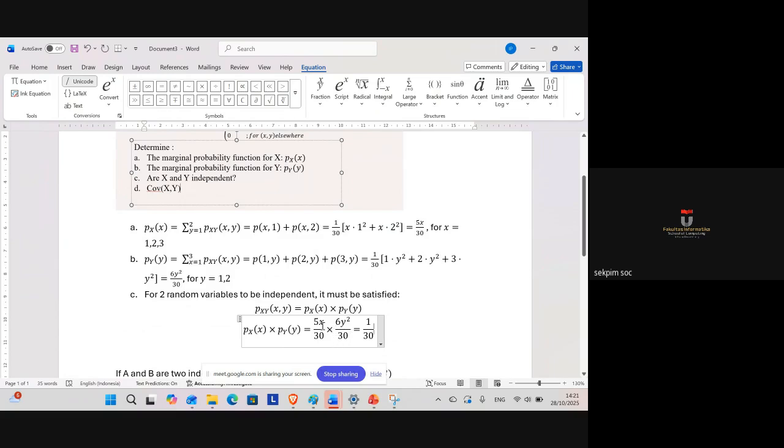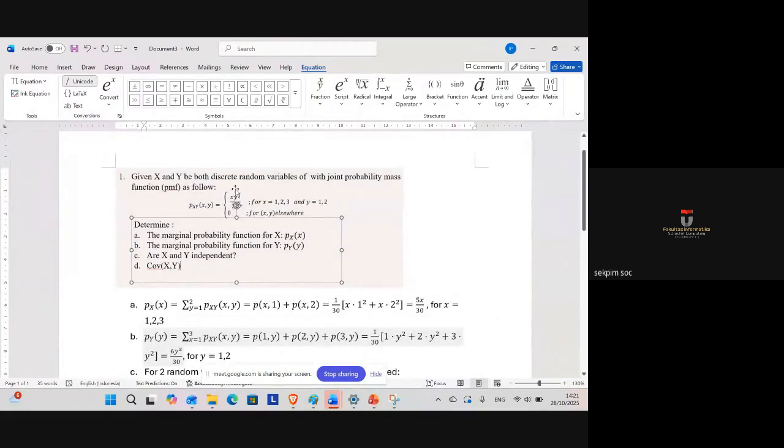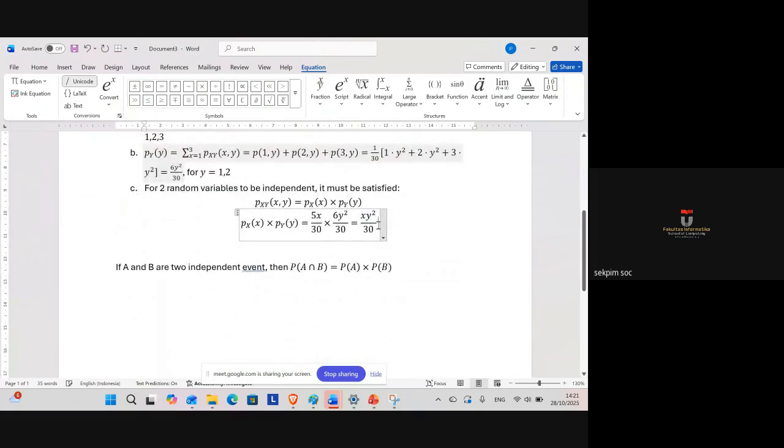The 5 is cancelled by 5 times 4, and we get x y square, which equals pxy, the joint probability of x and y.